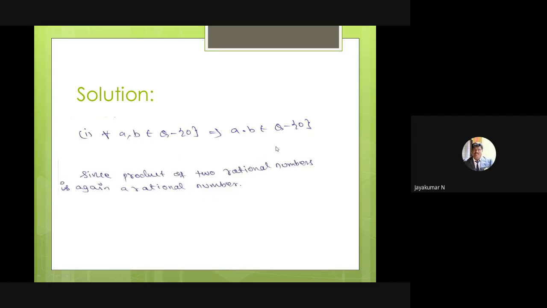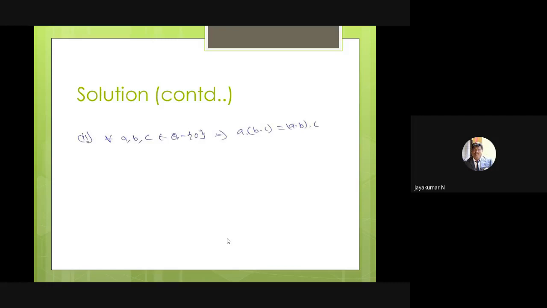Since the product of two rational numbers is again a rational number, we have to verify one thing, whether AB is 0 or not. Clearly AB is non-zero, because A and B are non-zero. So therefore the closure axiom is satisfied. The next one: if we choose any three elements A, B, C in Q minus 0, clearly (A dot B) dot C equals A dot (B dot C), because multiplication is always associative.